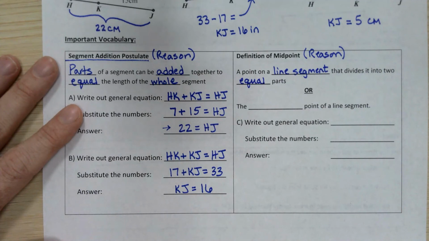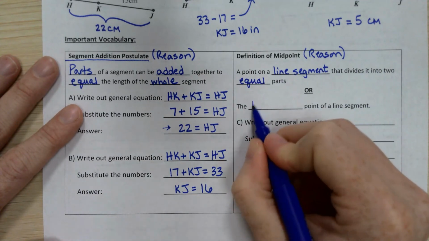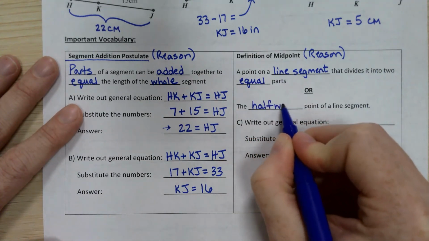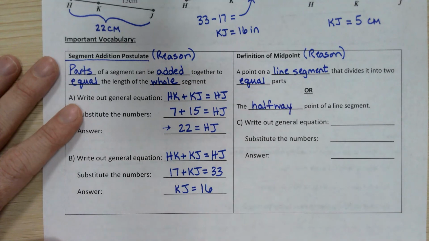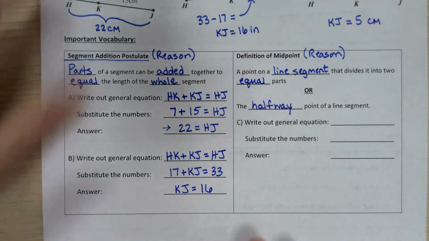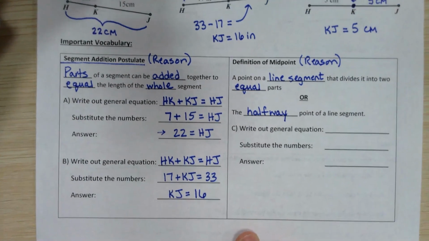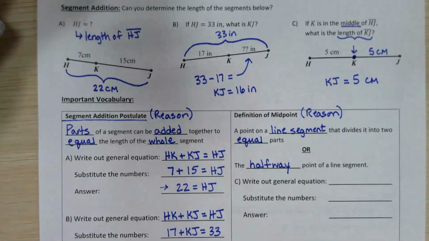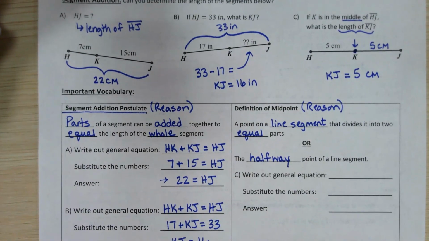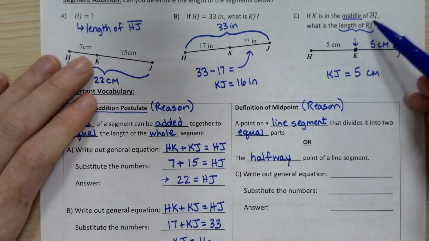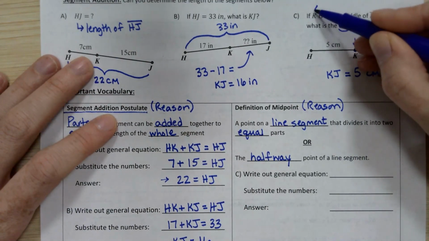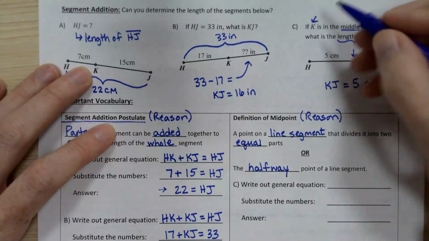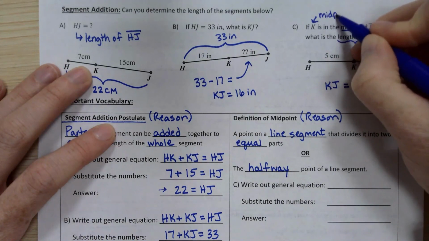So it's not just a random location, it's actually the halfway point of the line segment. And believe it or not, we use that idea up here when we were looking at example C. When K was in the middle of HJ, that really tells us that K is one of these midpoints.